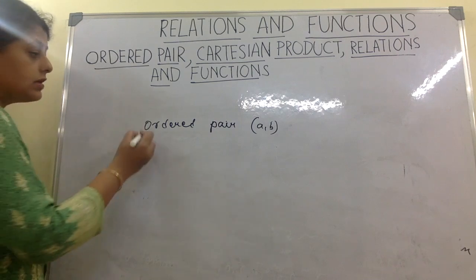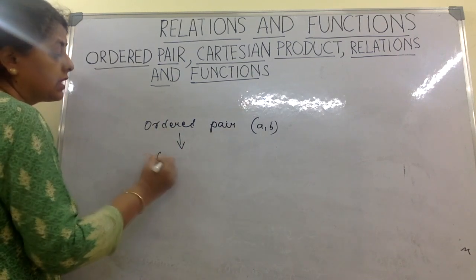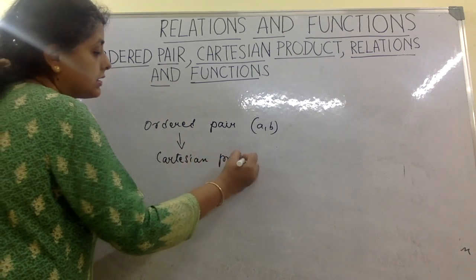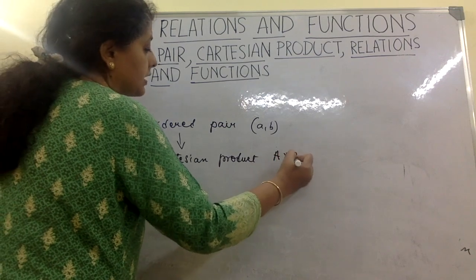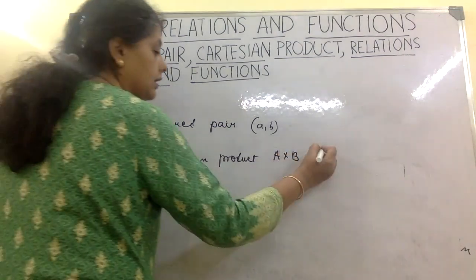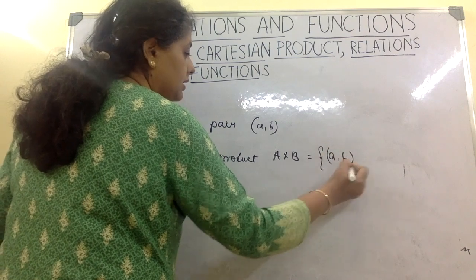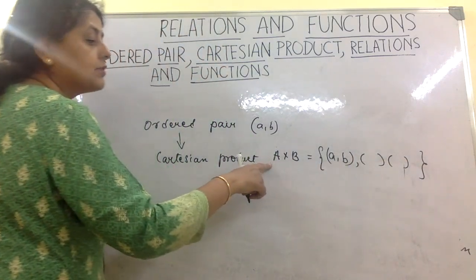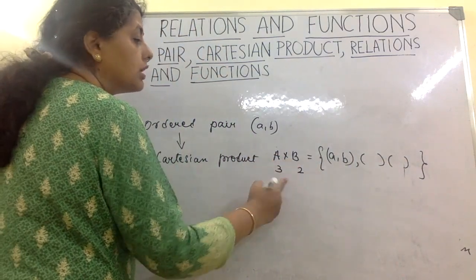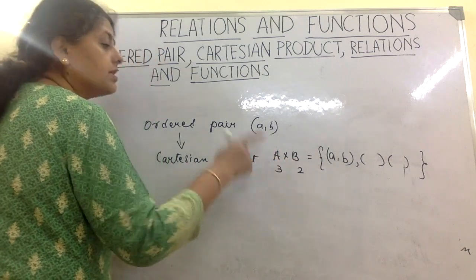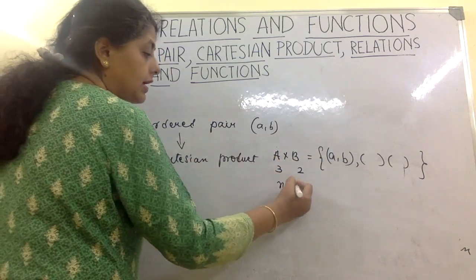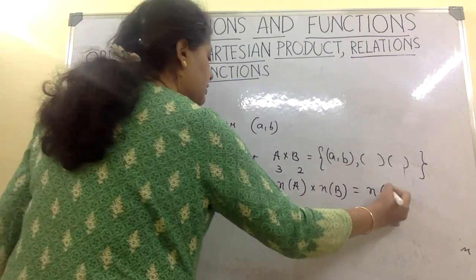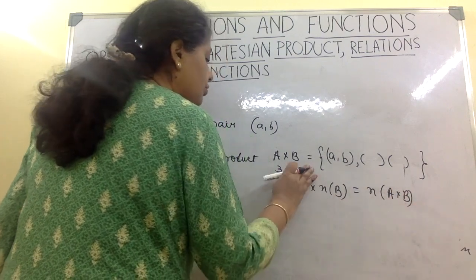After ordered pair comes Cartesian product, which is A cross B, and that comes as A comma B, then many more like this. If this one's cardinal number is 3 and this one's is 2, then the cardinal number of A cross B is 6. So n(A) times n(B) is equal to n(A cross B). This is something to remember.